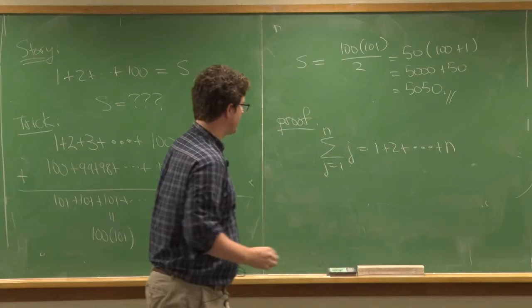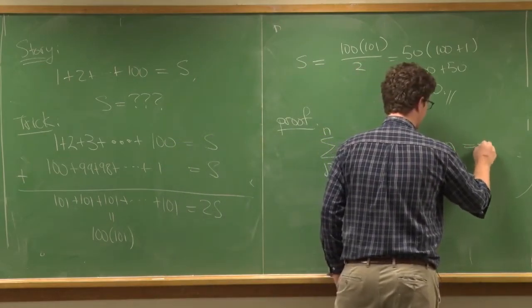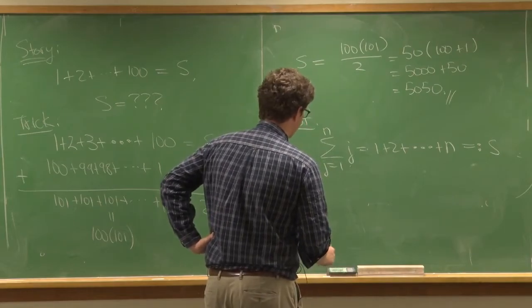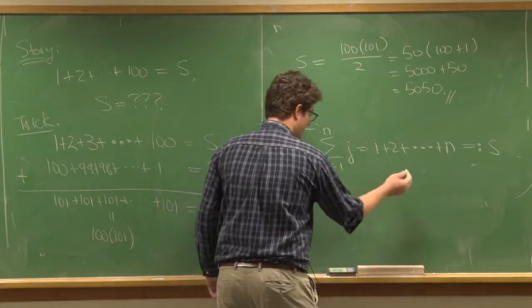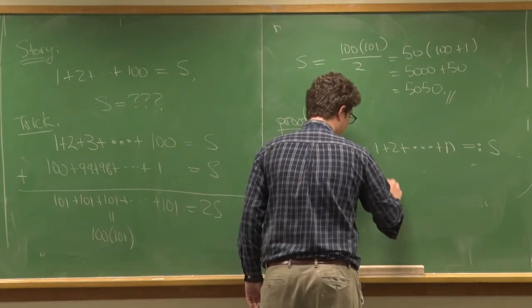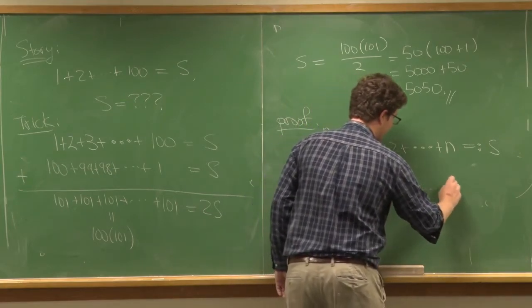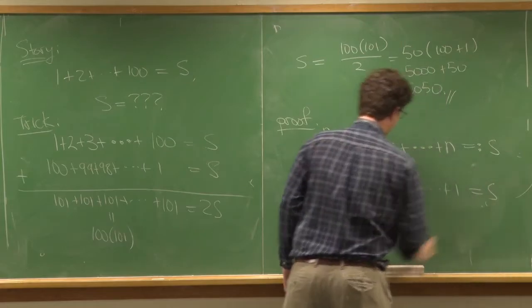We can define this to be equal to s. And we can add the same thing: this is equal to n plus n minus 1 plus all the way up to 1. This is also equal to s.